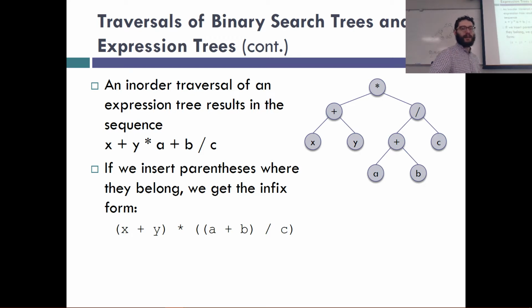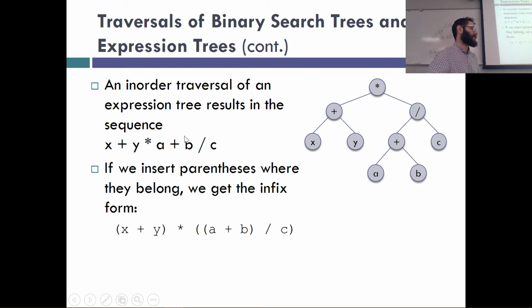What goes left and right? We aren't caring about how to generate this. We're saying, given this tree, if we do an infix traversal of this, we'll get this expression.